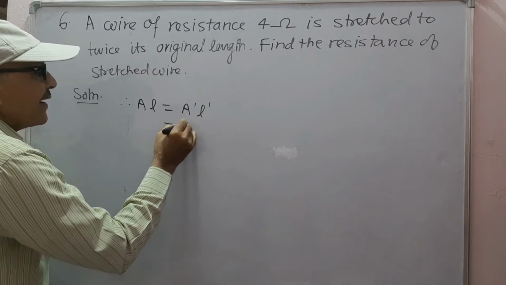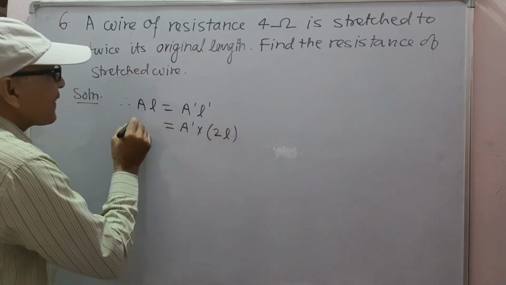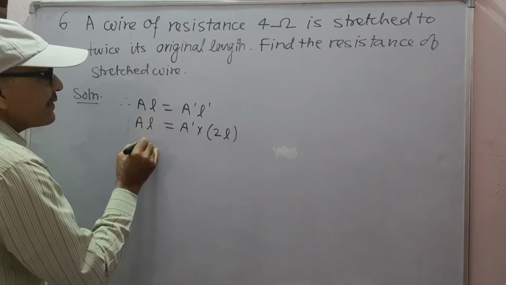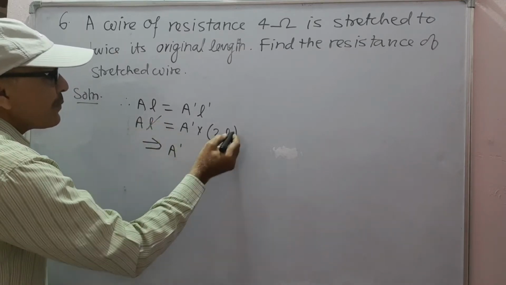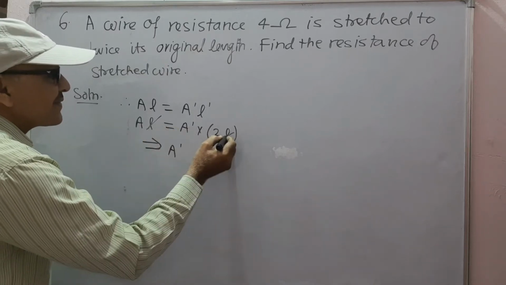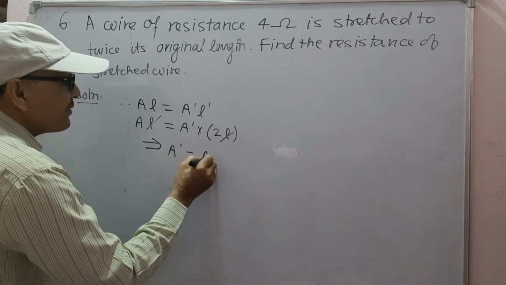This is A dash into L dash is 2L. This gives A dash is equal to A by 2.